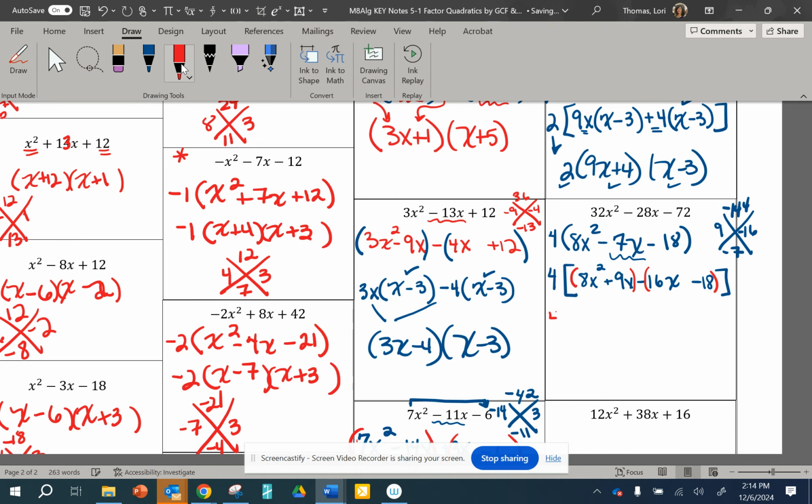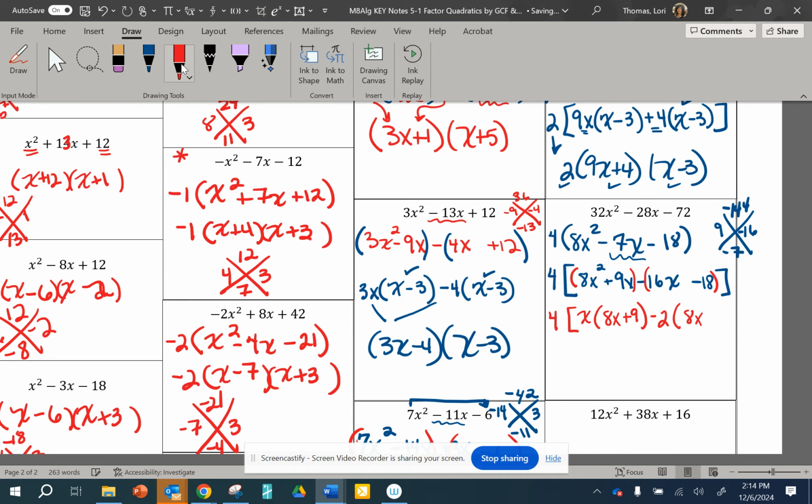Bring down your GCF of 4. Factor the GCF from each of the binomials. This is just simply x, leaving me with 8x plus 9. And then I'm going to factor out a negative 2. That leaves me with, so negative 16x divided by negative 2 is 8x.